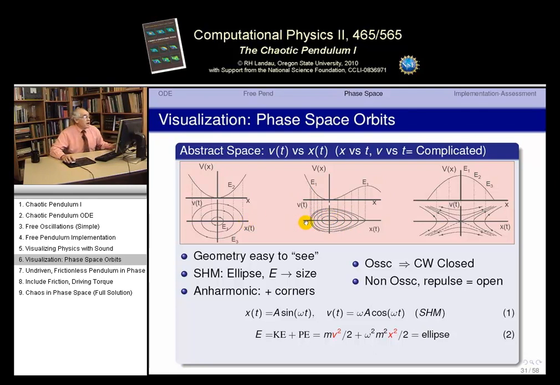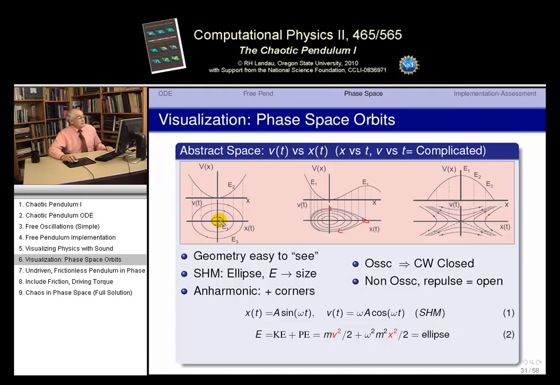It still goes around in this clockwise direction, but now it's not really an ellipse. It has a point here, because it's a non-symmetric motion and it's non-simple harmonic, but it's still oscillatory. So oscillatory means it goes around, but the ellipse just gets changed in shape. Okay, so both of these are now attractive potentials, and they're both periodic motion.